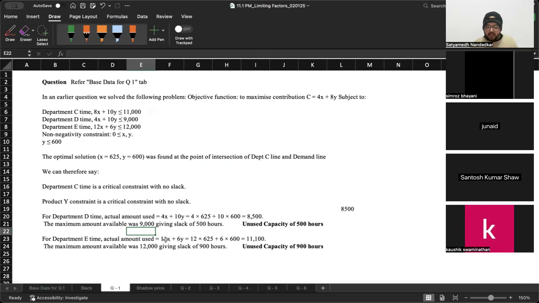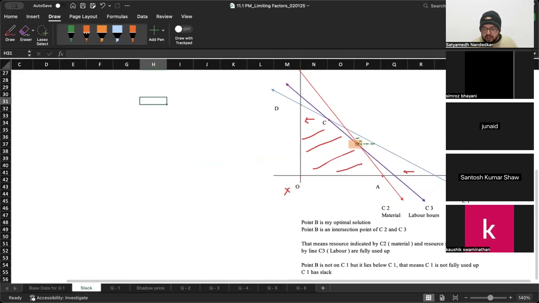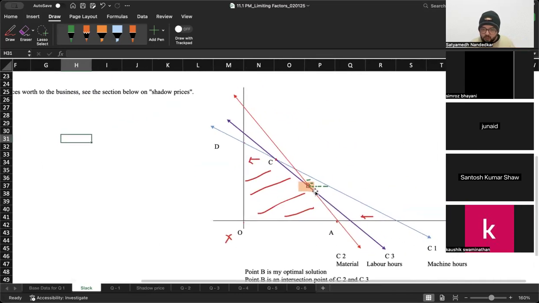ठीक है. वो स्लैक, now you know graphically how the slack looks. इसमें we had seen, and we also saw in the base data for question 1, the point has to lie below the optimal solution. So the optimal solution point lies on the two lines where they intersect, but there is another line which is above this particular line. ठीक है.